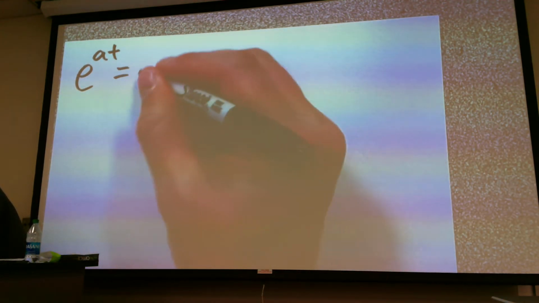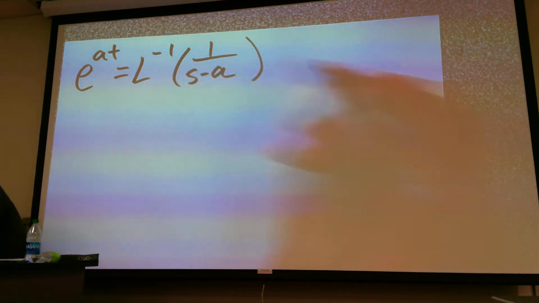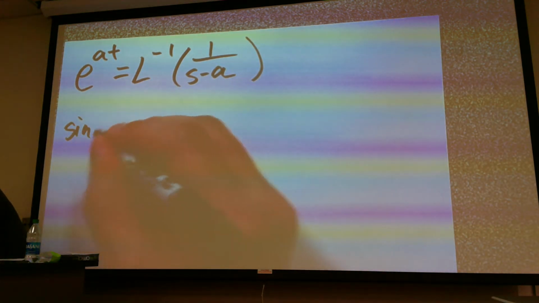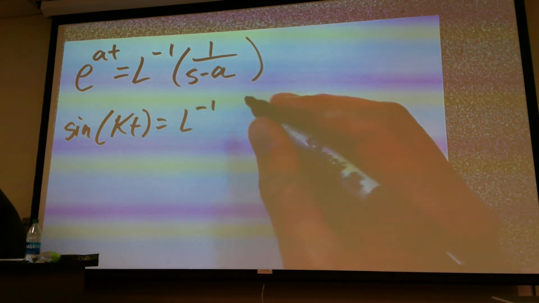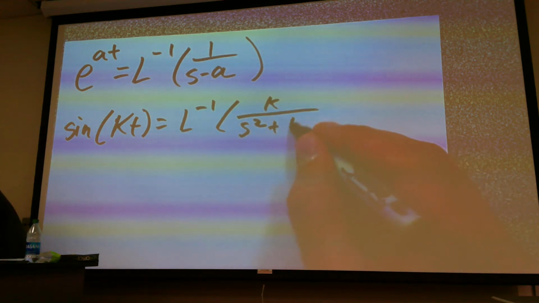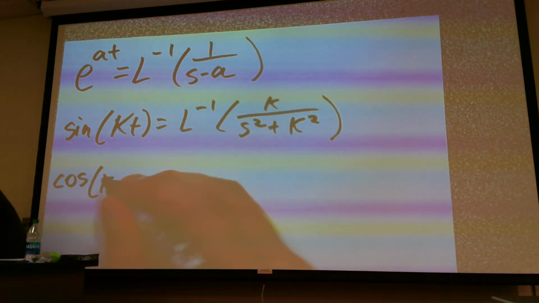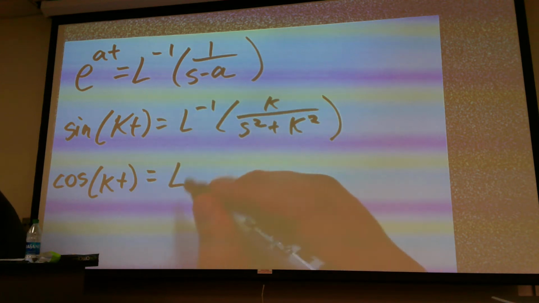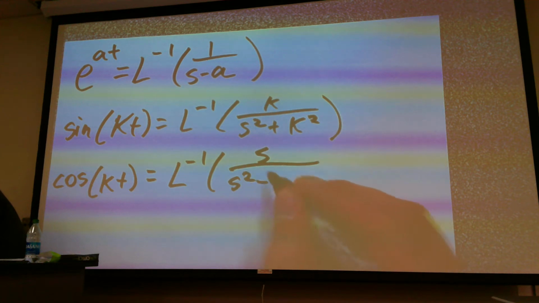Here's three more. e to the at is going to equal the inverse Laplace transform of 1 divided by s minus a, and sine of kt is going to be the inverse Laplace transform of k divided by s squared plus k squared, and cosine of kt is going to be L inverse of s divided by s squared plus k squared.